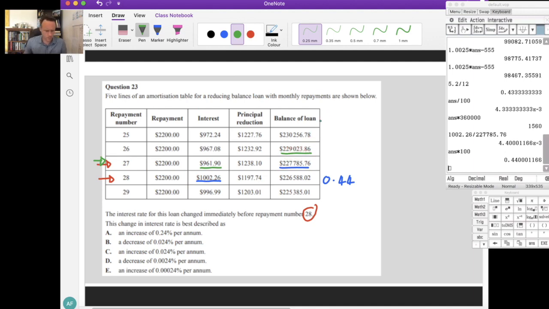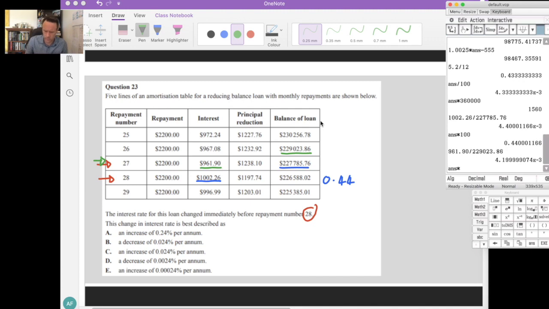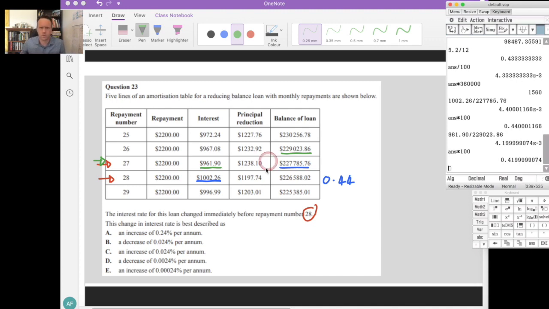And we've got 961.90 divided by 229,023.86 and times that by 100 to get the percentage. And we get, where am I? 0.42 rounded.